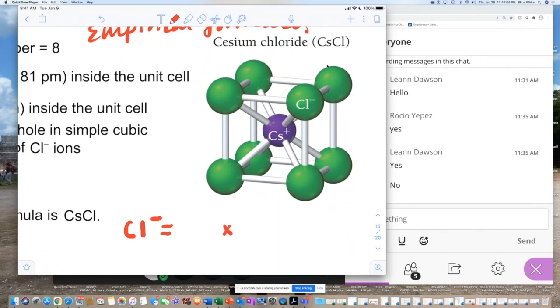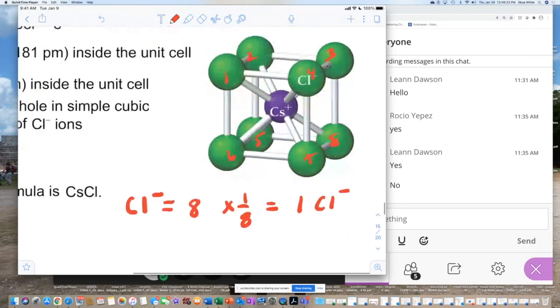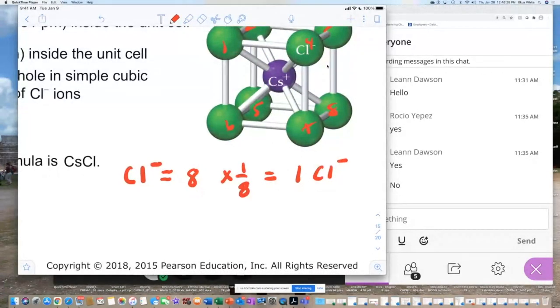Okay, we have a fraction of 1/8. And how many pieces do we have? 8. Okay, so 1, 2, 3, 4, 5, 6, 7, 8. We have 8 pieces inside the unit cell. We have 1/8. So we end up with 1 chloride ion.